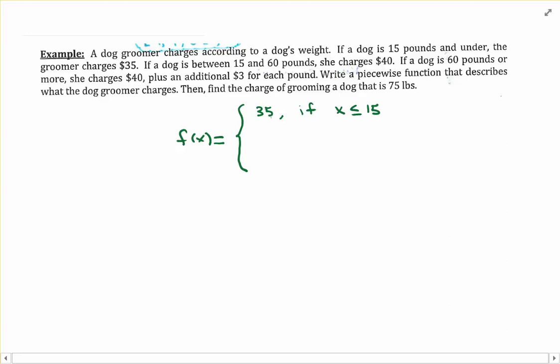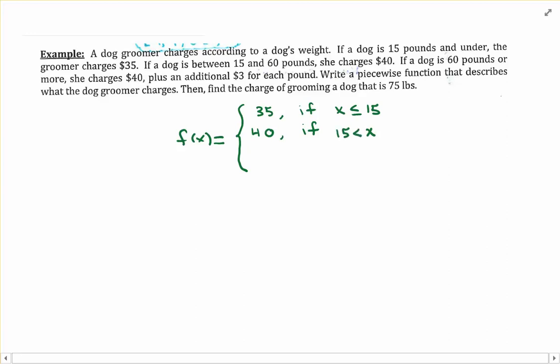All right, moving on, it says if a dog is between 15 and 60 pounds, she charges $40. So again, that's kind of a flat fee being applied to owners of dogs that weigh between 15 and 60 pounds. So another charge is 40, and here we're going to put a couple conditions on the weight x. First of all, it says it's between 15 and 60, so on the lower end of the condition here, we'd have 15.